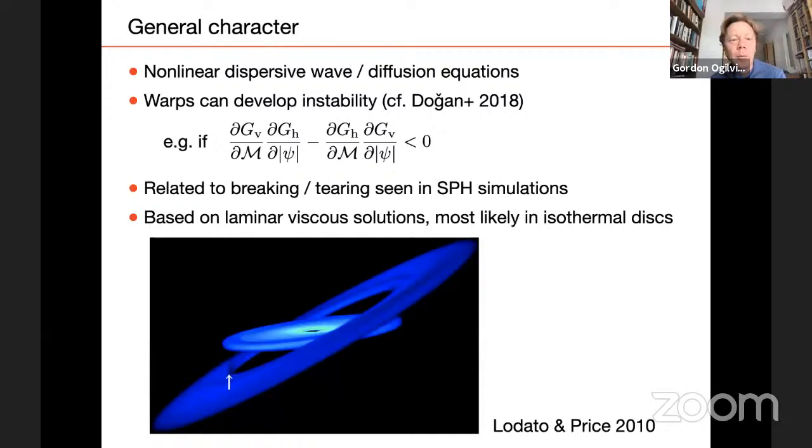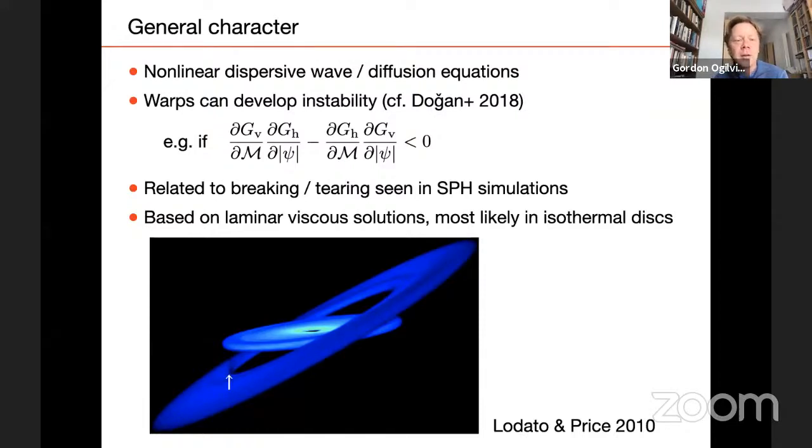Now, more generally, these evolutionary equations are nonlinear, and they can be dispersive wave equations. They also have a diffusive character if dissipative effects such as viscosity, or modeling turbulent stresses really, are included.